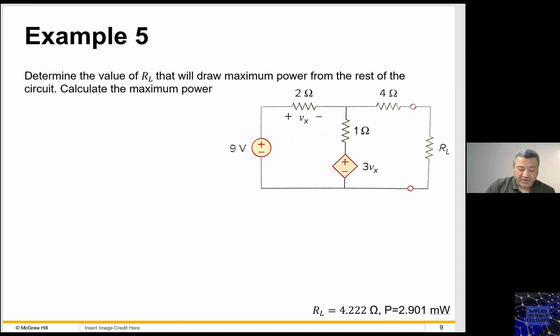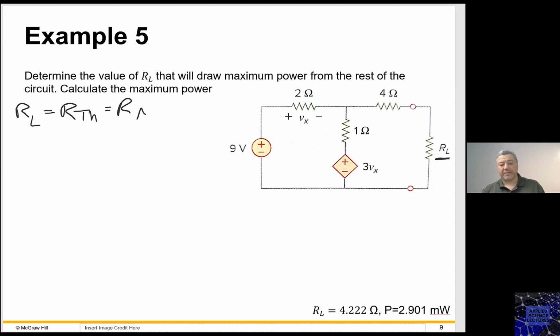Now, this is my circuit. The question says determine the value of RL that will draw maximum power from the rest of the circuit. We have learned that the value of RL to give you maximum power transfer to the load should be picked as R Thevenin or R Norton.